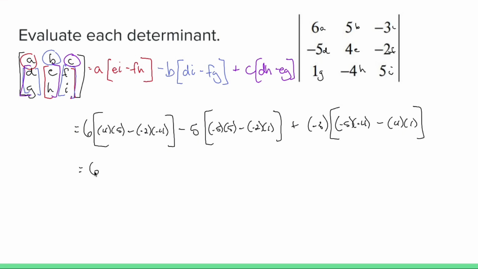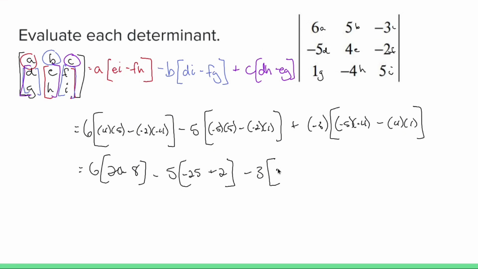Okay, so PEMDAS. 20, negative, negative, negative is a minus 8. Minus 5. Negative 5 times regular 5 is negative 25. Negative, negative, positive, so plus 2 times 1 is 2. Minus 3, because plus negative 3 is just minus 3.